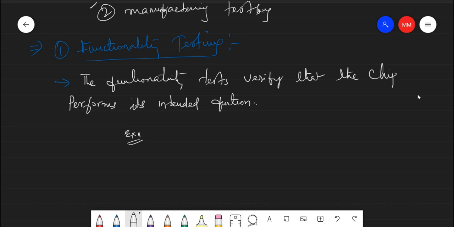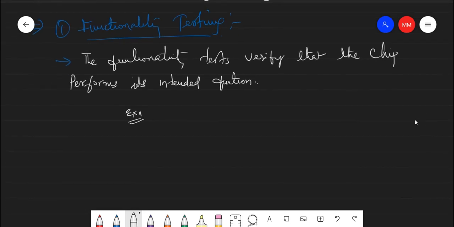Most of the time, the functionality test involves proving that the circuit is functionally equivalent to some specification. The specification may be a verbal description or plain text, or a high level language like Verilog or HDL. So this is a functional test.